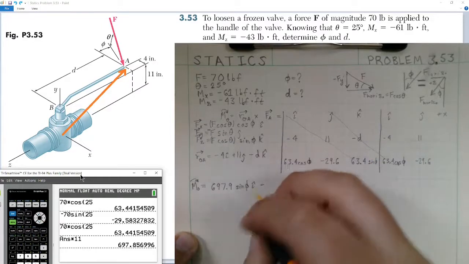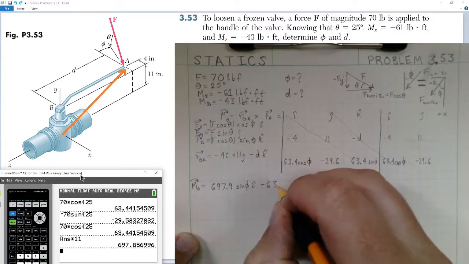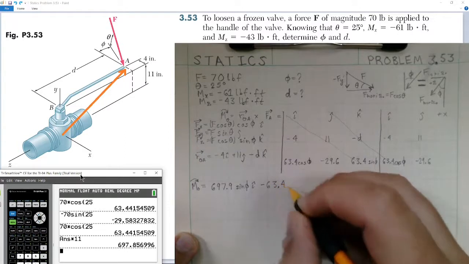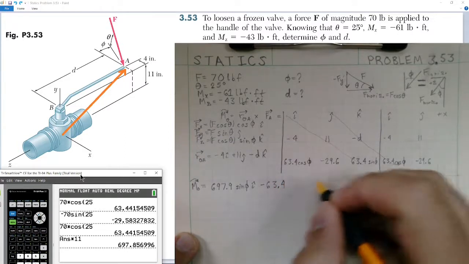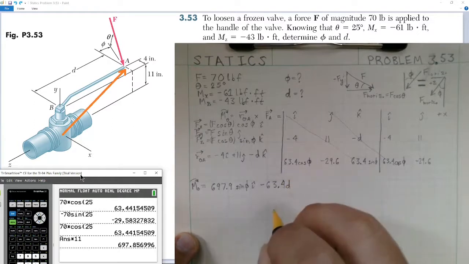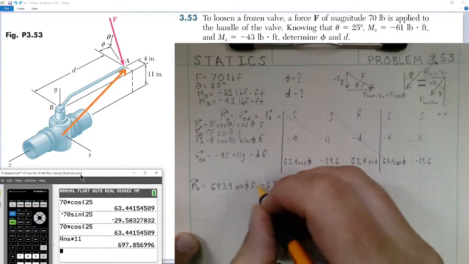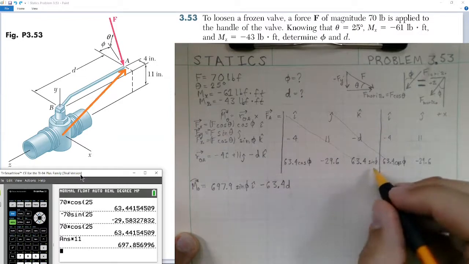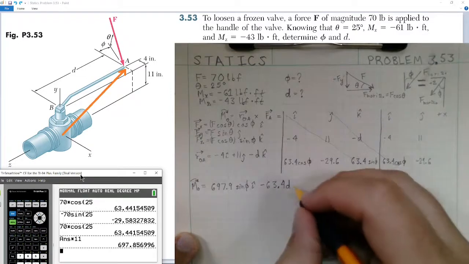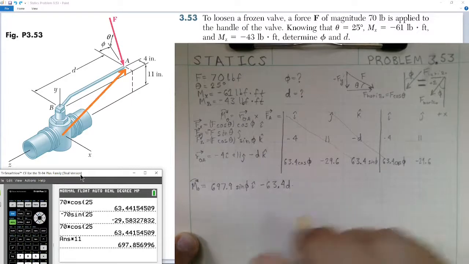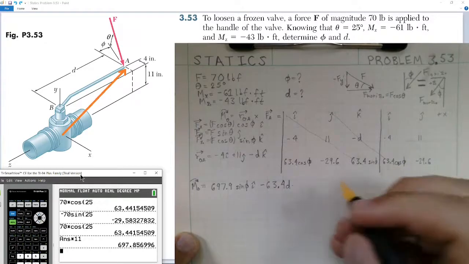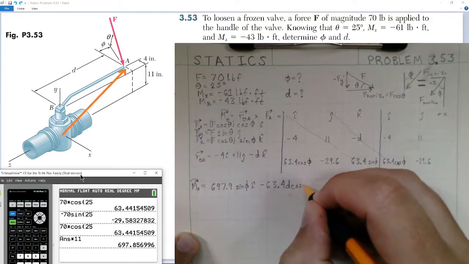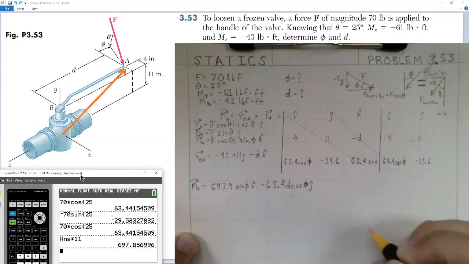So we have minus 63.4 times d. And we were adding these, were negative, so it remains negative, times the sine of, I apologize, times the cosine of phi. So you have to be very careful when we're doing our products. Cosine of phi and the j hat.